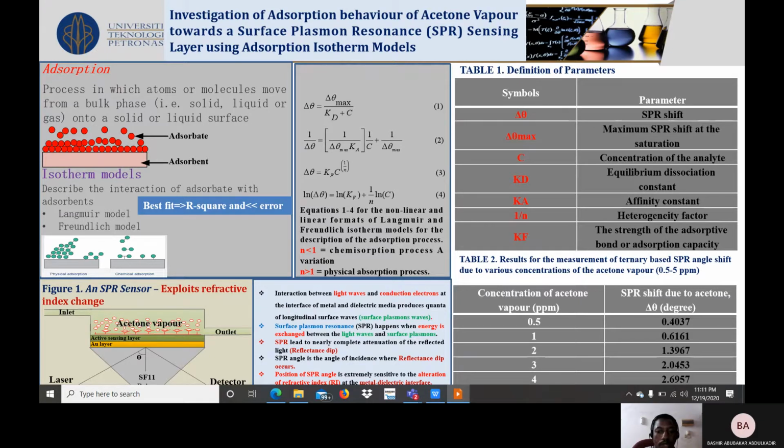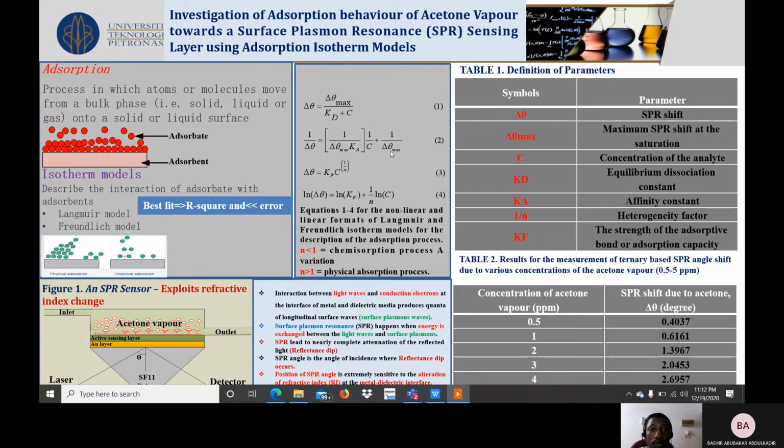As we can see in this figure one, we have the plasmonic material, which is gold in this case. We have the sensor layer, which is a ternary composite that comprises reduced graphene oxide, chitosan, and polyaniline materials. This is the acetone vapour that is being adsorbed on the surface of this ternary sensor layer.